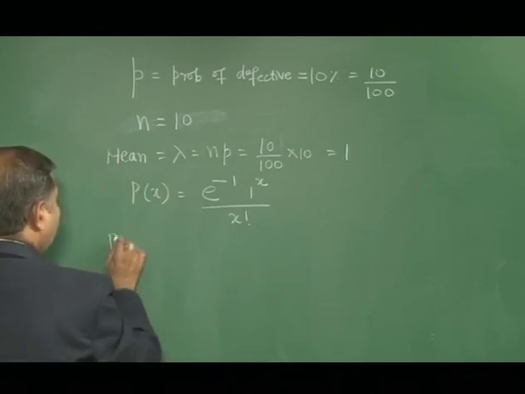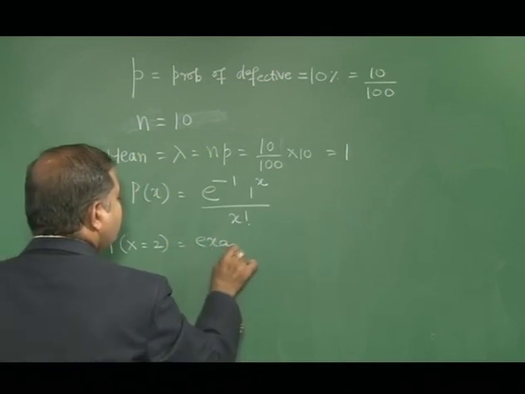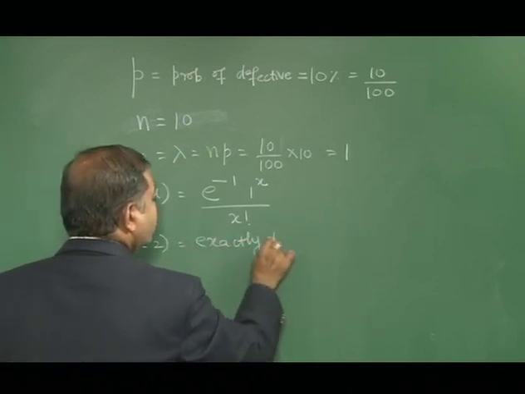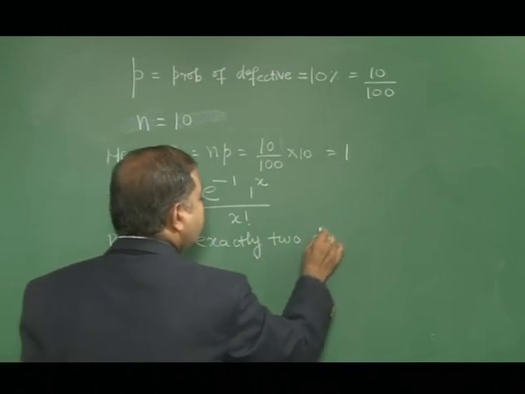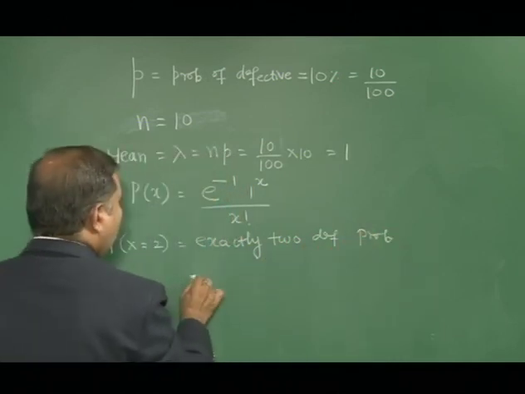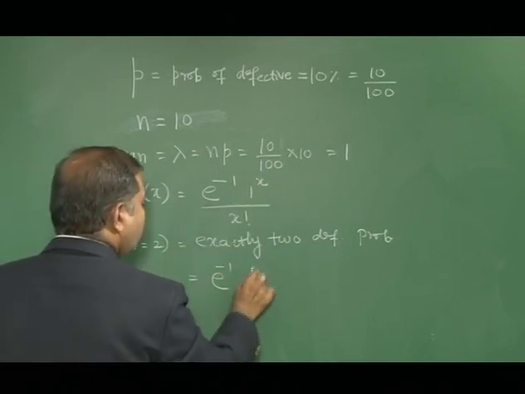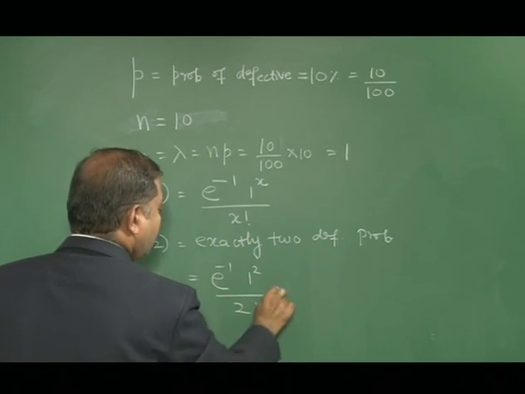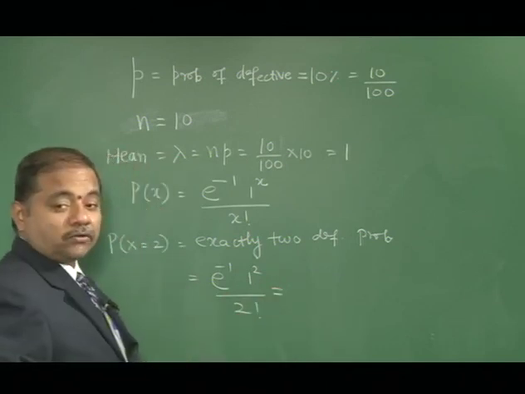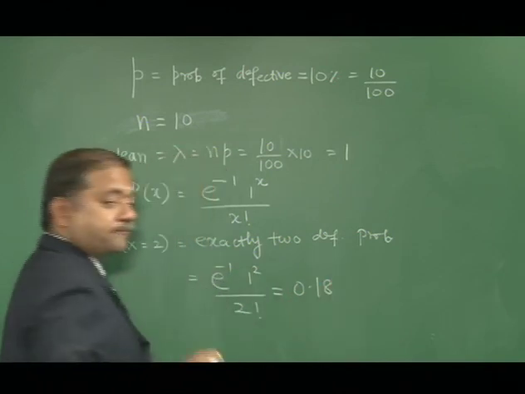So, P of x is equal to 2. That means exactly 2 defective probability. So, put x is equal to 2 in this: e power minus 1, 1 square by 2 factorial. So, your answer is going to be 0.18.